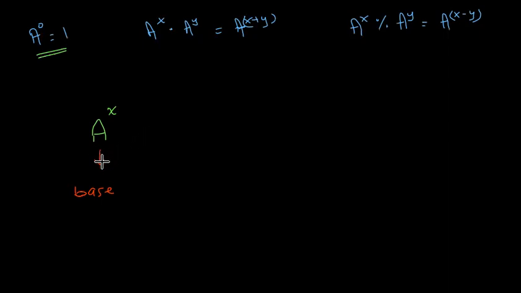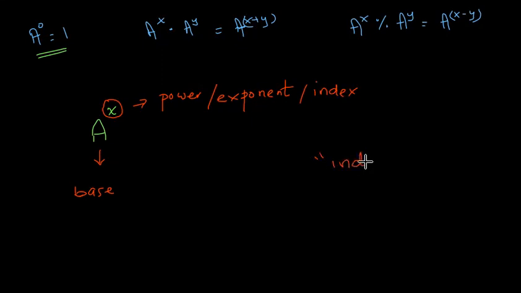It could be a negative number, it could be a fraction. And x in this case represents the power. Another name for that is the exponent, and another name for that is the index. Plural for index is indices. And so what we're looking at is the laws of indices.